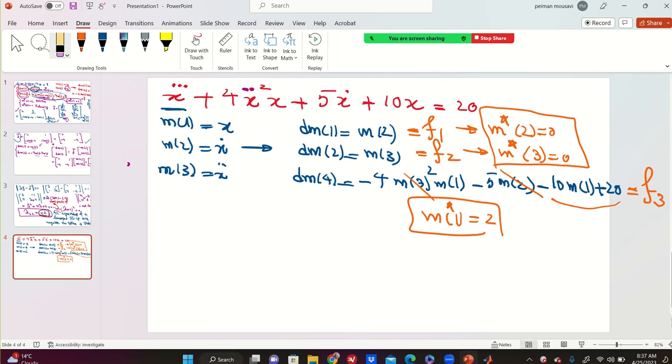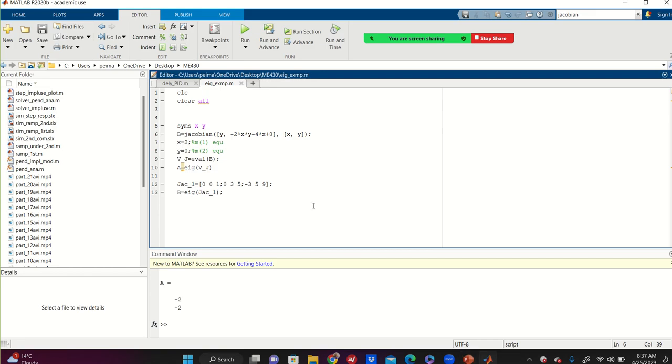Okay? So, here we go. I'm going to copy and paste everything here for the third order system. I'm going to say x1, x2, and x3, because of M1, M2, and M3.